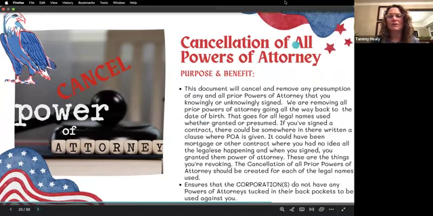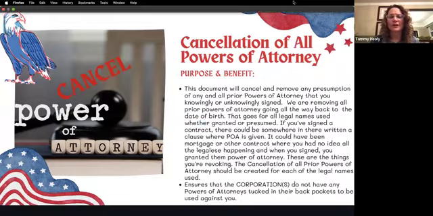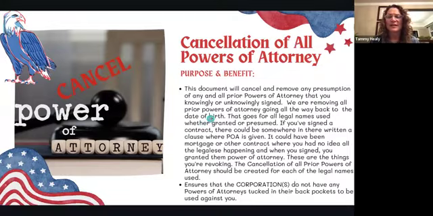All right, cancellation of all powers of attorney. The purpose and benefit is that this will cancel and remove any presumption of any and all prior powers of attorney that you knowingly or unknowingly signed. We are removing all prior powers of attorney going all the way back to the date of birth. That goes for all legal names used, whether granted or presumed.